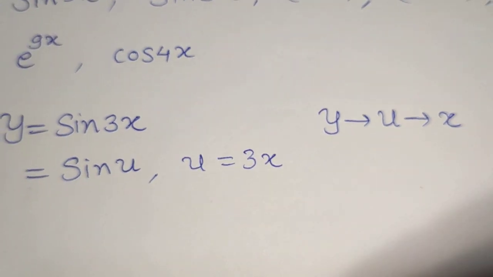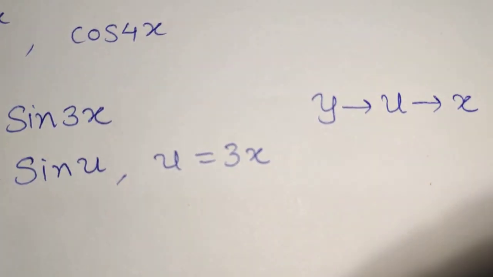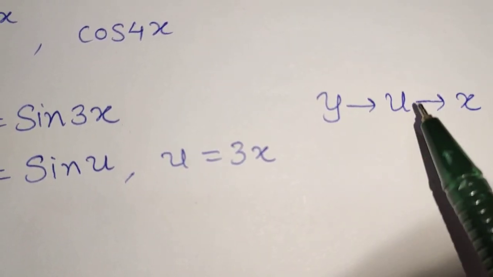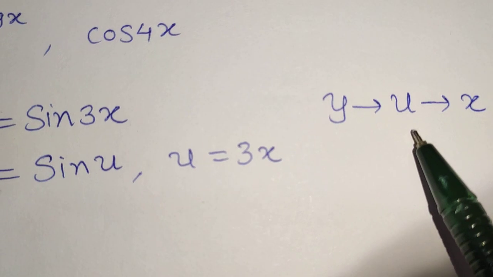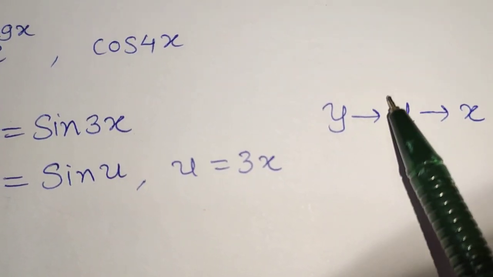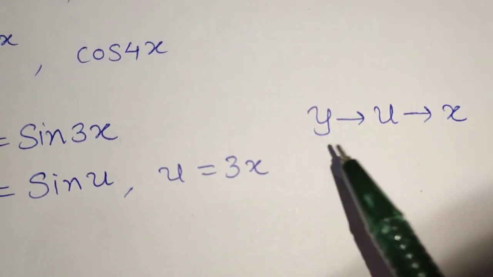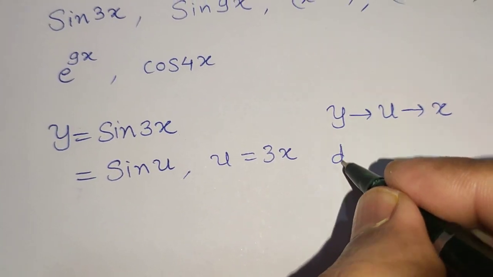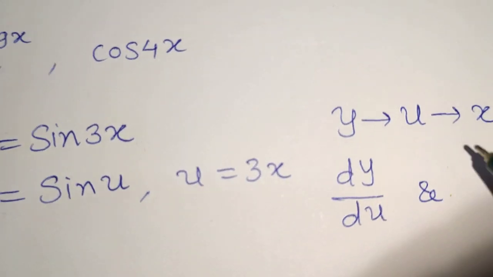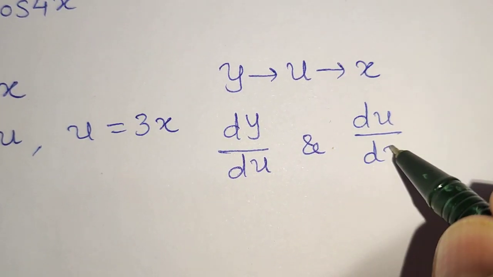Now to find the derivative of y with respect to x, we cannot find it directly because in between them there is a u. So the derivative of y with respect to u is possible, and the derivative of u with respect to x is possible. The derivative of y with respect to u is dy by du, and the derivative of u with respect to x is du by dx.